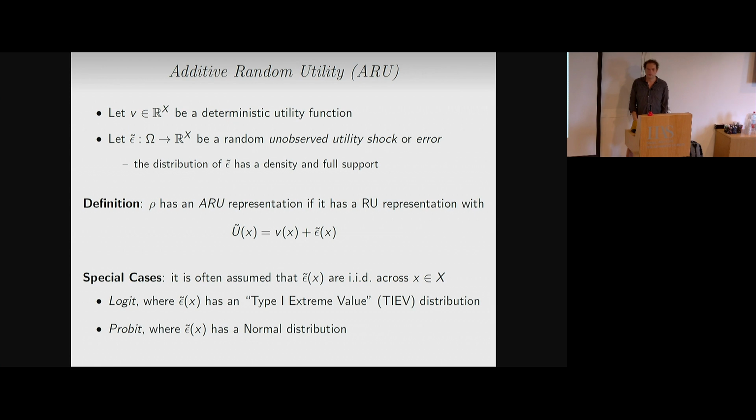And there are all sorts of paradoxes in econometrics that you've maybe learned about that have to do with this IID assumption, like the red bus, blue bus example. I'm not going to talk about that, but these are all consequences of the IID assumption. Okay, so that's additive random utility.